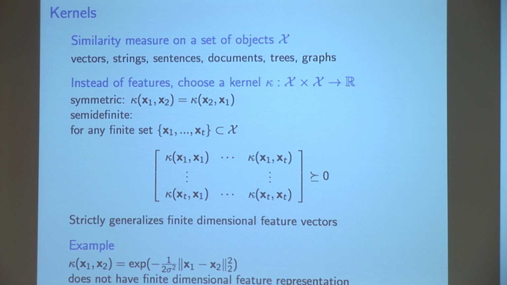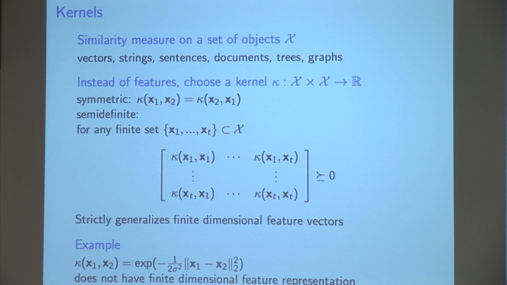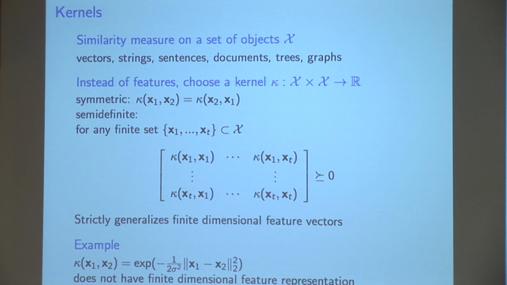However, it's a little bit tricky. So what is a kernel? A kernel is a function of two arguments, real valued, that is symmetric and semi-definite. Semi-definite is a technical condition, but it's easy to state. The kernel takes two arguments from some domain X. It's a semi-definite function if you take any finite set of objects and build the kernel matrix, that is, the square matrix of all the similarities computed by kappa.